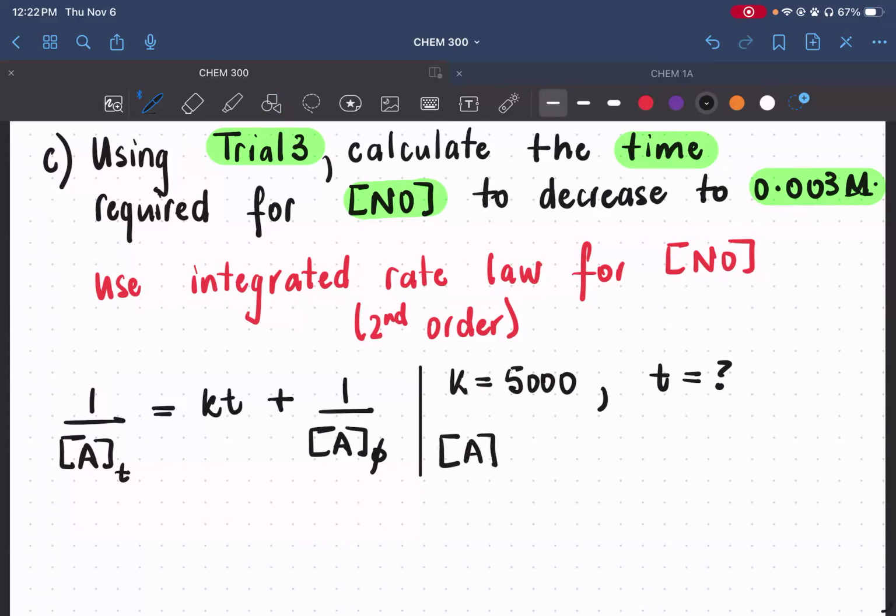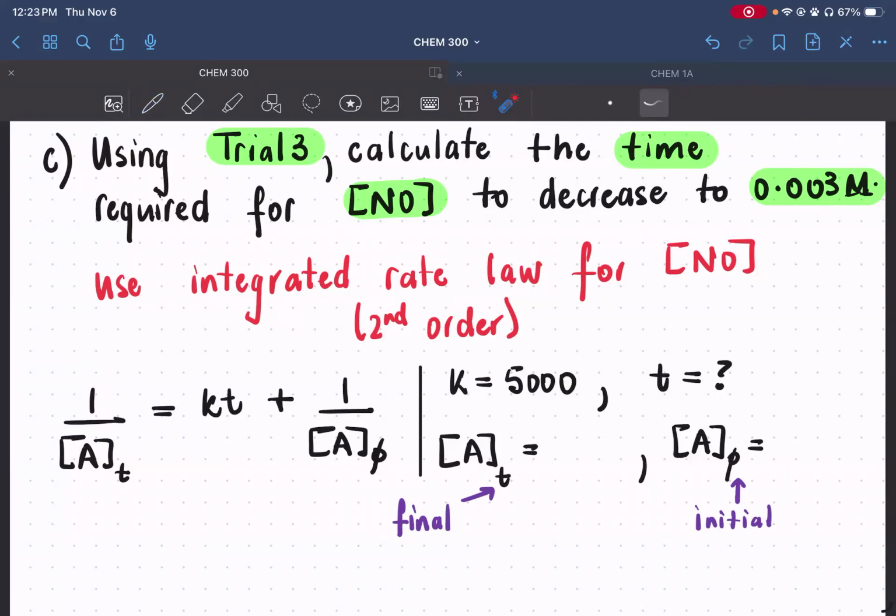We just need to be sure what our AT and our A naught are. Now, this is where those labels come really handy. Don't forget that A naught is initial. It's the concentration at the beginning. And AT is a concentration after some time has passed.